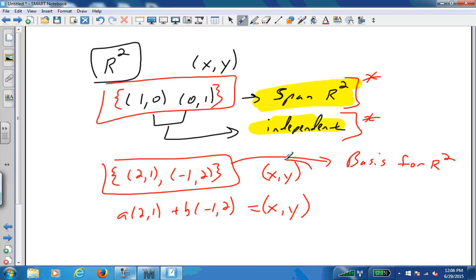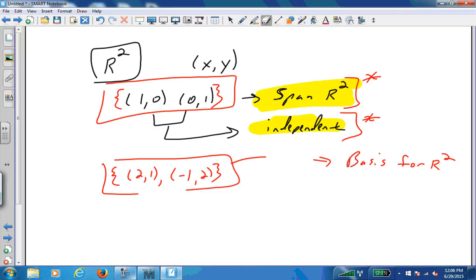Now, when we refer to the idea of dimension, dimension is just how many vectors it takes to form our basis. So for R2, notice both of our spanning sets had two elements in them.